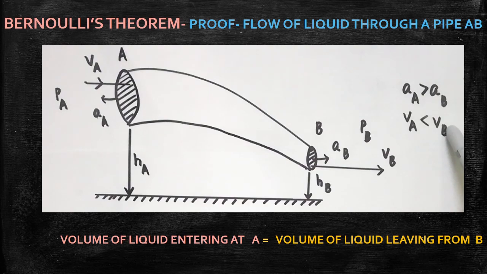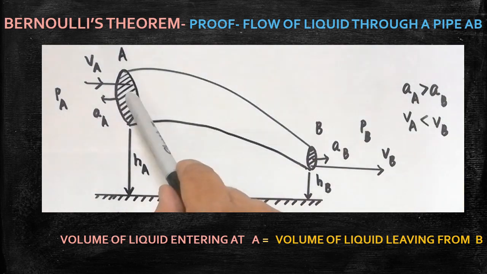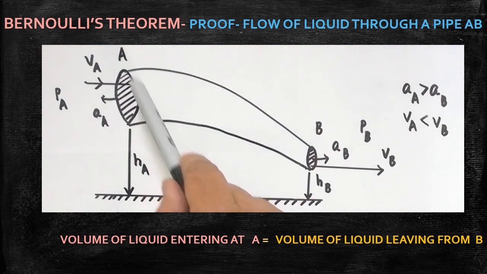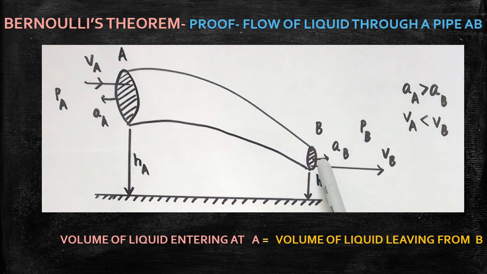And one more thing we have learned, that the volume of the liquid entering at A will be equal to the volume of the liquid which comes out from the B end. Are you clear? Some amount of liquid enters the A end, and the same amount comes out from the B end. That is because of the equation of continuity, which we have already seen.